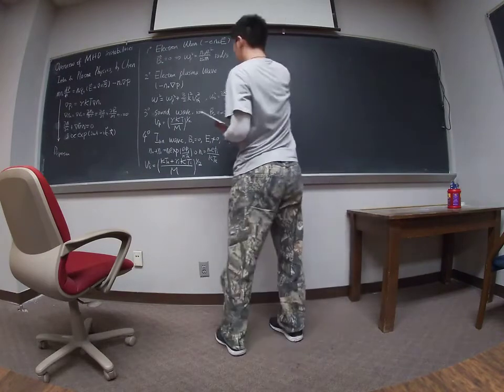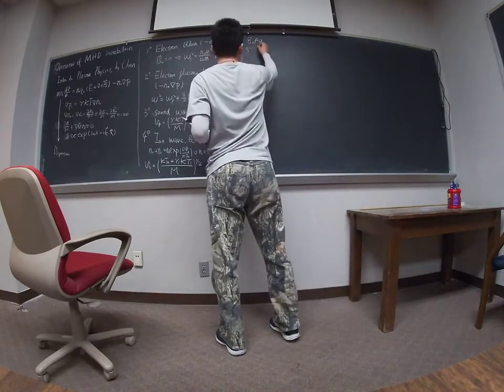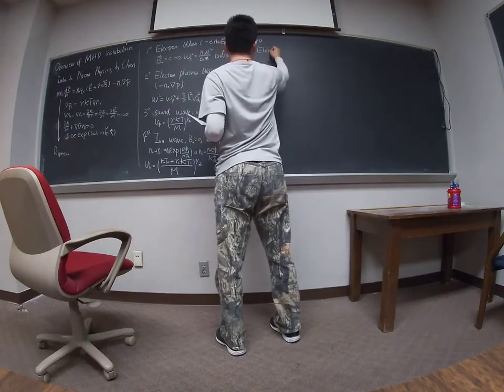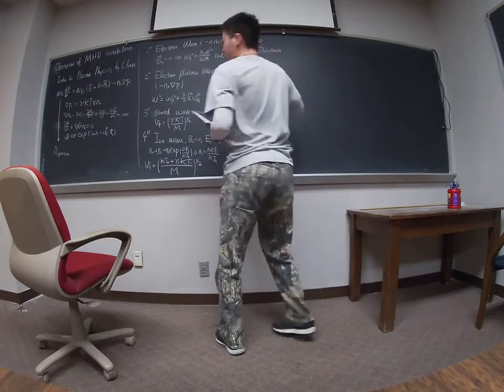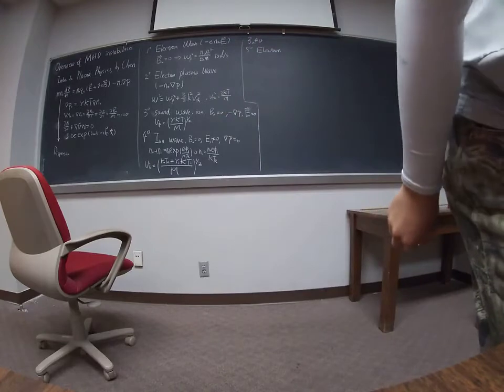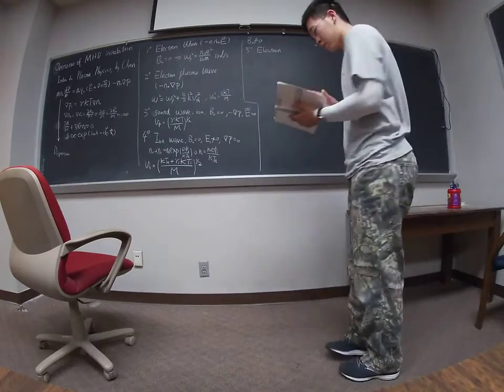So the next one, we study the electron electrostatic oscillation, which means k is perpendicular to B naught. Sorry, I have to check if it's still recording. I think it is.